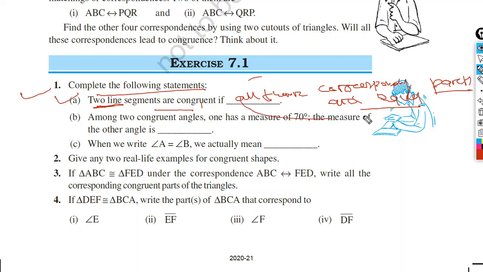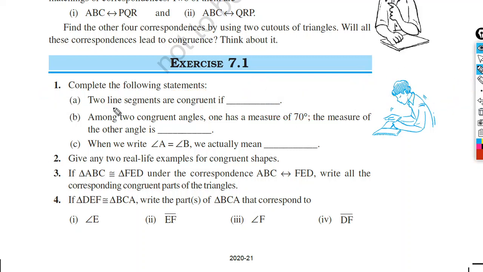I was talking about triangles. Here you have line. Two line segments are congruent if what? If their length. Line segments are congruent when lengths are equal.